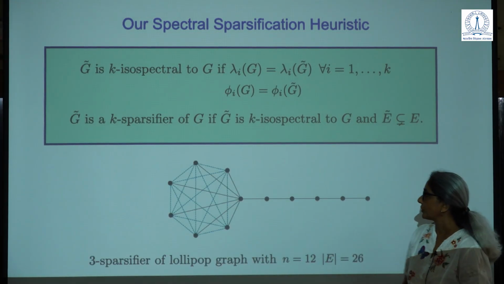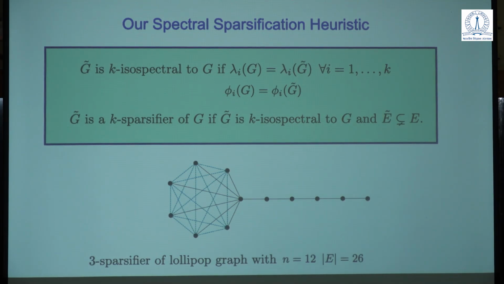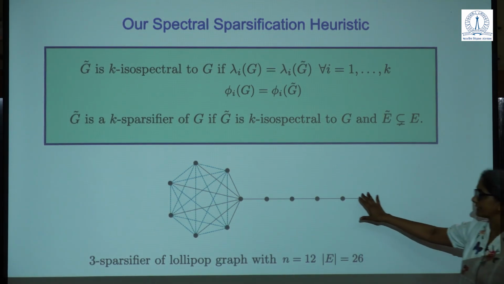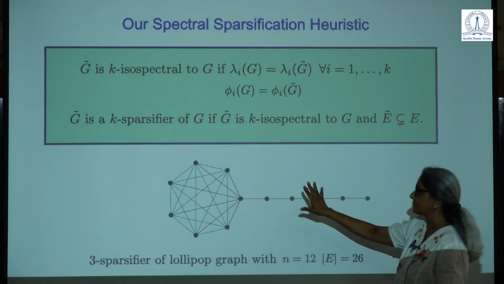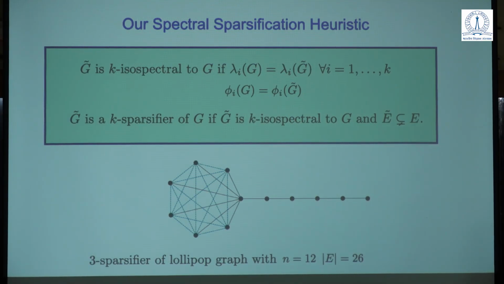Okay. So now here's the lollipop back again. The original graph is blue and black. And if you remove all the blue edges, then what you get is a 3-sparsifier of the lollipop graph. So that means this black graph preserves the first, the second, and the third eigenvalues from the original and the eigenvectors, the phi1, phi2, phi3 from the original.